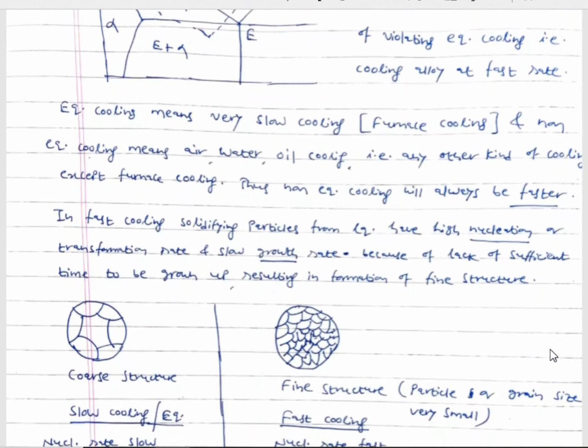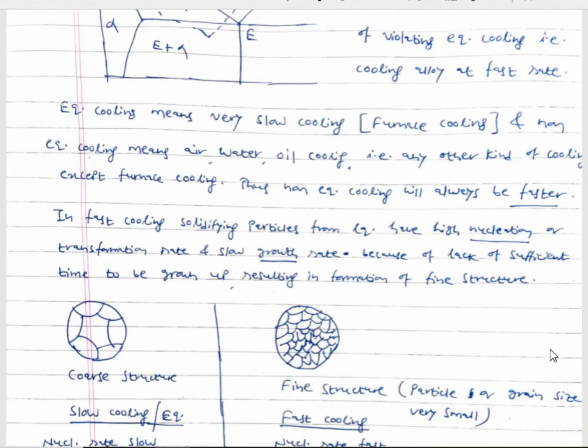So this will result in the formation of fine structure. Fast cooling will result in the formation of fine structure. What is the difference between coarse structure and fine structure? In coarse structure, the size of the grain or size of the solid particles will be big, while in case of fine structure, the particle or grain size will be very small.